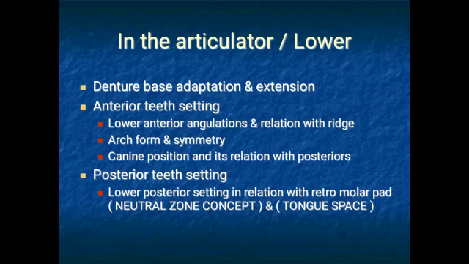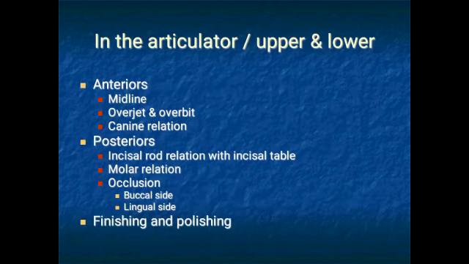Have to arrange neutral zone concept or tooth tongue space. In articulator, you have to place both upper and lower; anterior midline, overjet and overbite, and canine relation you have to check. And posterior incisal rod should relate with incisal table, molar relation, occlusion, both on buccal side and lingual side. After that, you have to finish and polish.